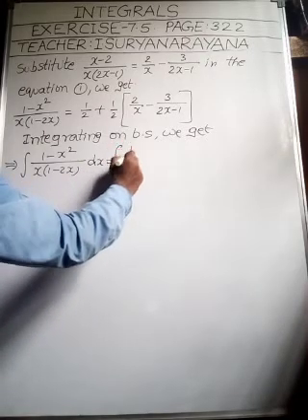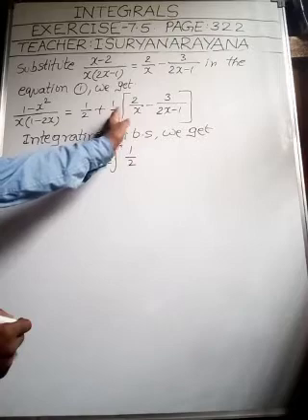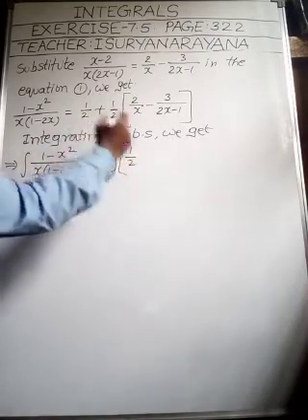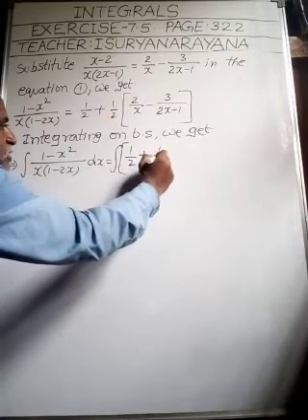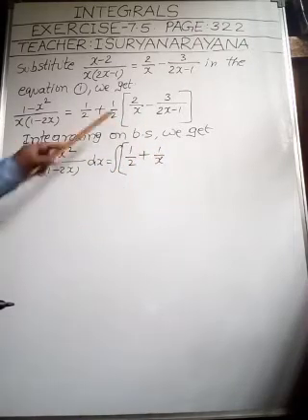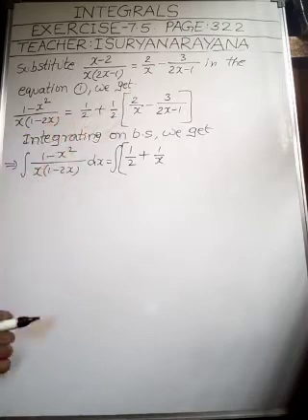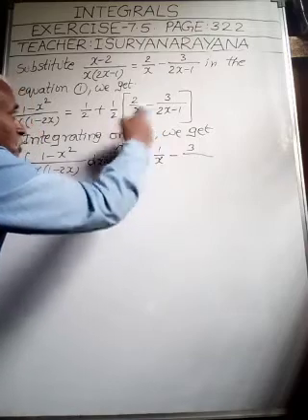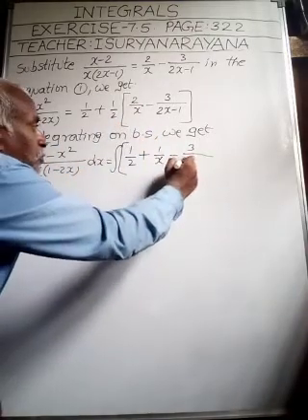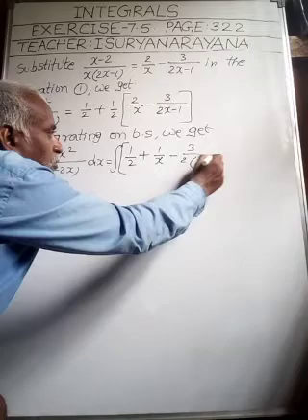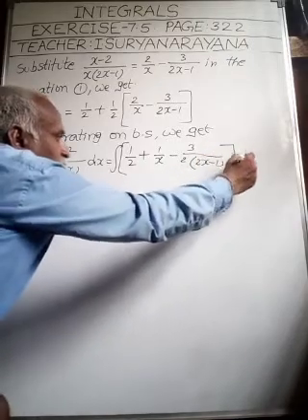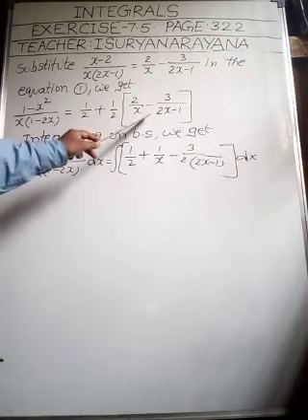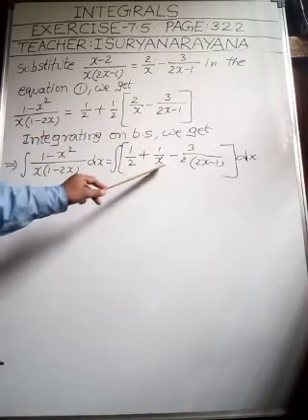Let us simplify these terms also by distributive property. Integral of 1 by 2 plus 1 by x, and the second term, 1 by 2, 2 gets cancelled, 1 minus x minus 3 by 2 into 2x minus 1 dx. Understood this step, children? By using the distributive property, I wrote these two terms.